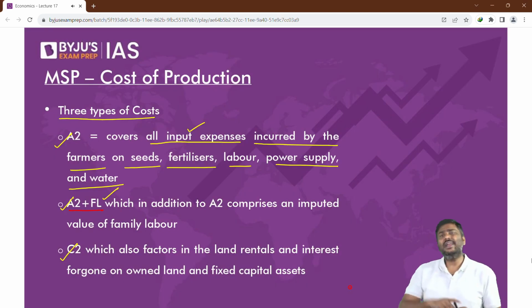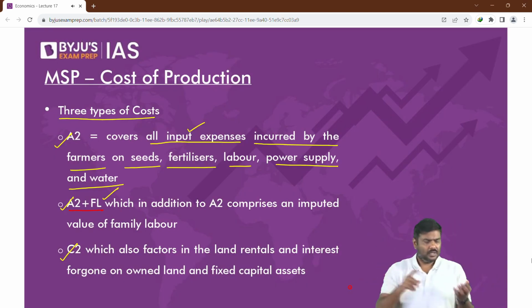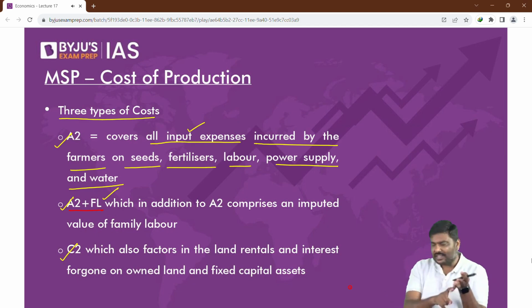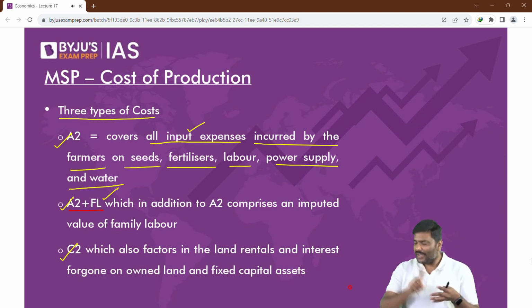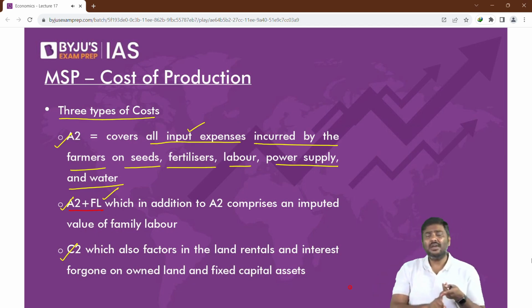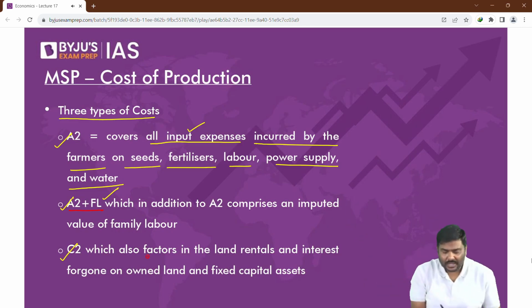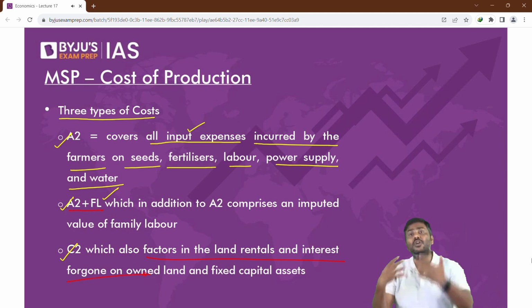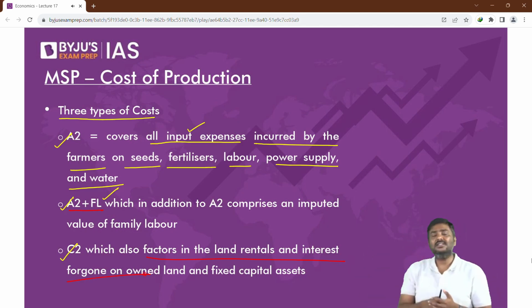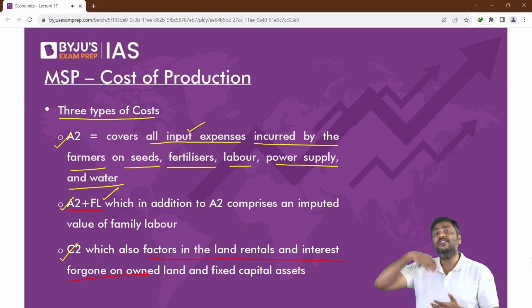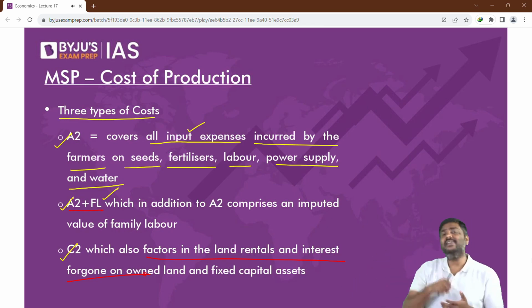So that is the reason, look at C2 now. C2, in addition to everything else: expenditure on seeds, fertilizer, family labor, other labor, irrigation. In addition to all of it, I will consider other expenditures such as interest foregone on my capital assets or land rentals that I've paid because I'm using a rental land.